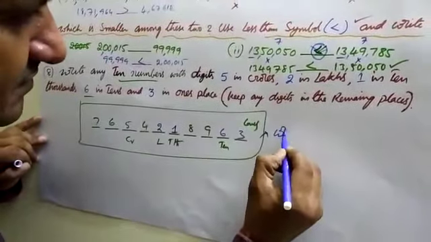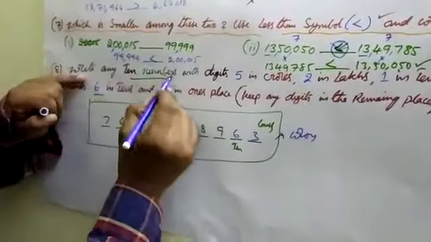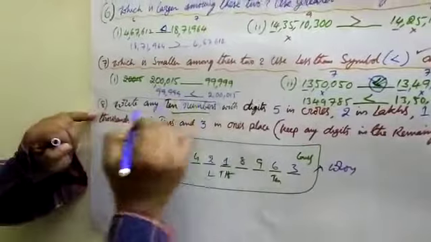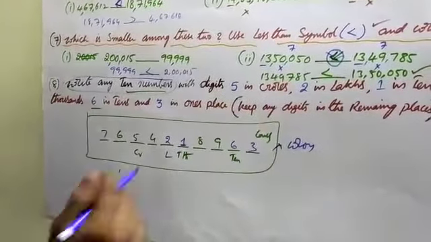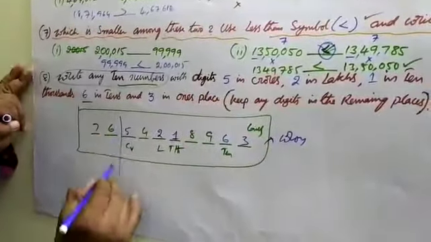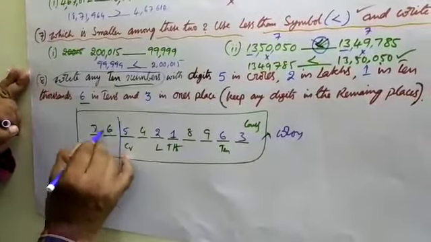Like I think, write any 10 numbers. Write any 10 numbers like 1, 2, 3, 4. This is the wrong way.